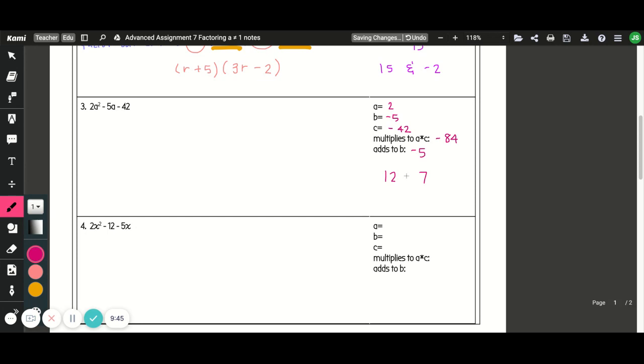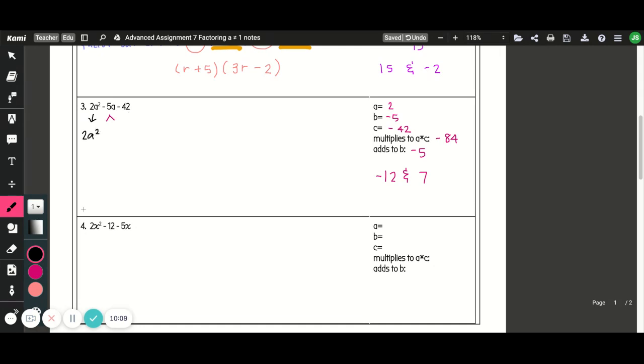It has to add to a negative. So the larger of the 2 has to be the negative. That means that's the 12. So my first step is that I need to split that negative 5a into minus 12a plus 7a. The first and the last term, we don't do anything to. So I'm going to keep that 2a squared.